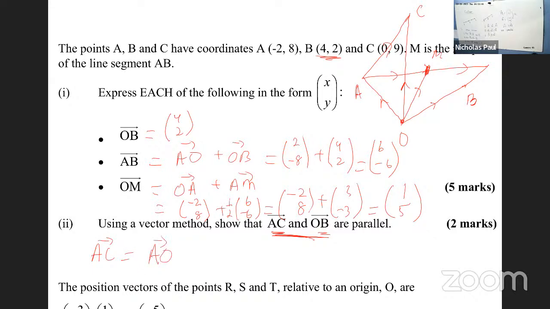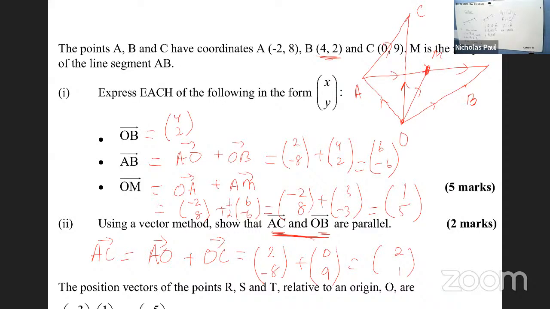AC is A to O plus O to C. So A to O is 2, minus 8. And O to C is 0, 9. So I got 2, 1.